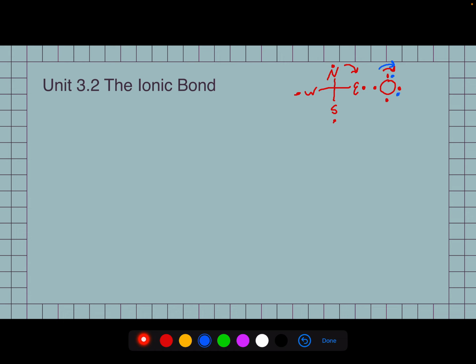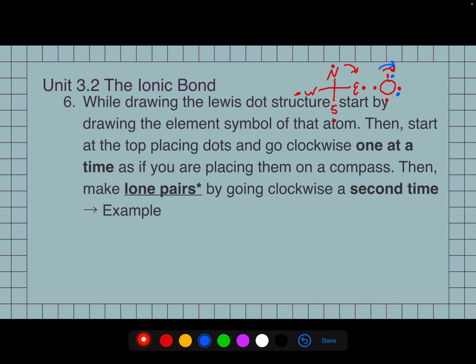All right, so that's basically what I put in words, that method there. If this picture works great for you, do that. If not, here's the full words. While drawing the Lewis dot structure, start by drawing the element symbol of that atom.